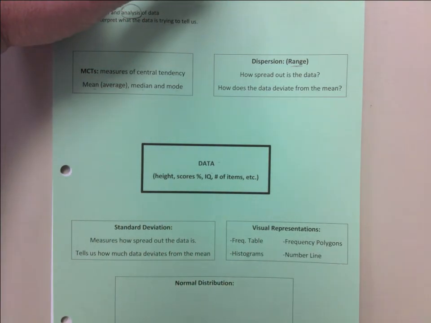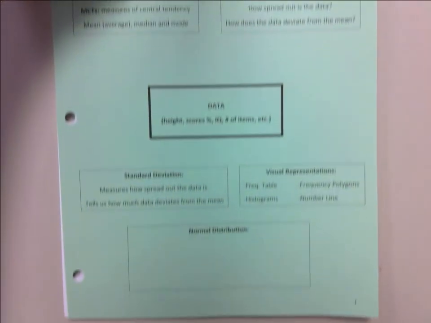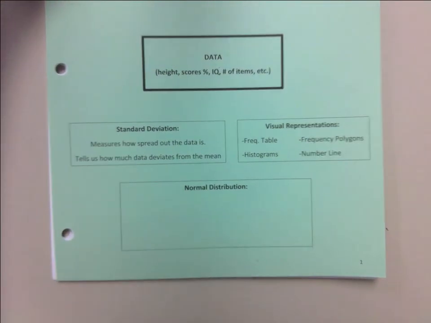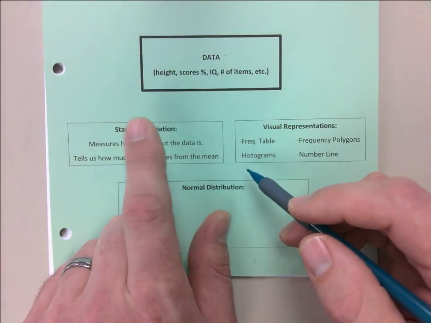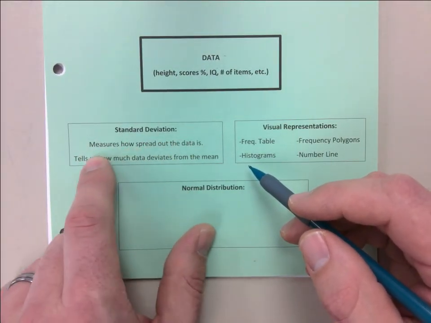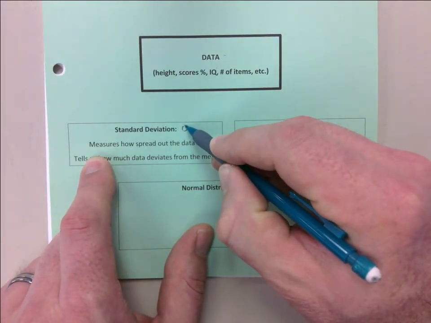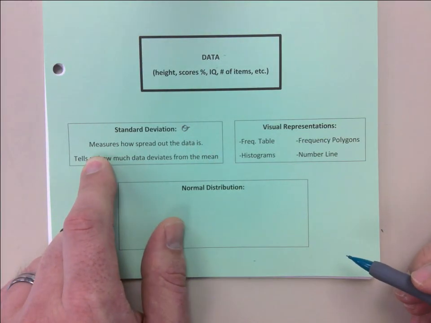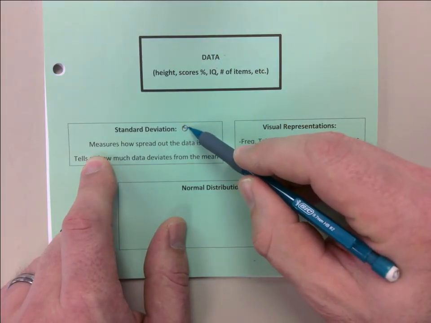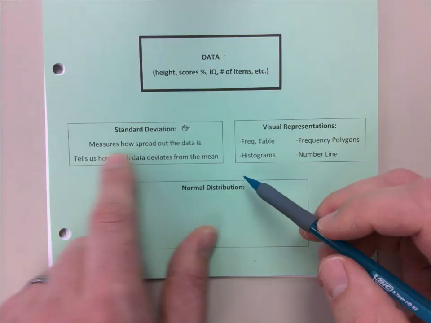This is probably new right here. Standard deviation. I don't think you will have heard of standard deviation before. You can put this symbol there. It's like a 0, it's a sigma, a lowercase sigma.